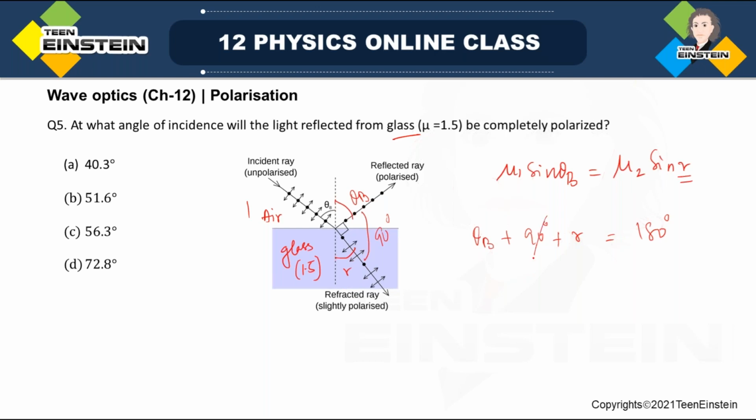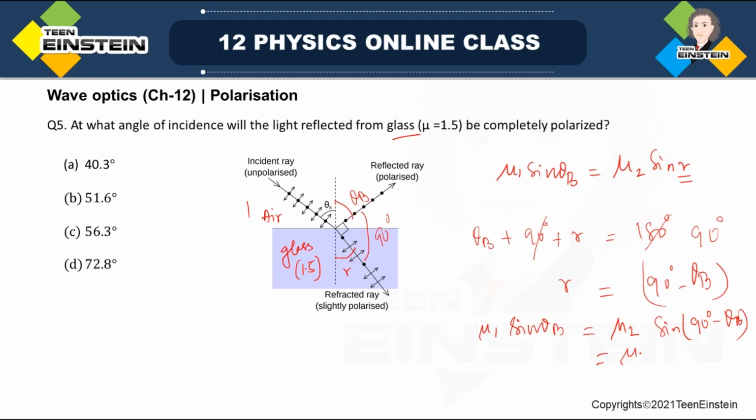So from here, I can write 90, and then r will be 90 minus theta B. So if I just put it here, sine theta B over mu 2 sine 90 degree minus theta B, that means this is mu 2 cos of theta B, and mu 1 sine theta B.